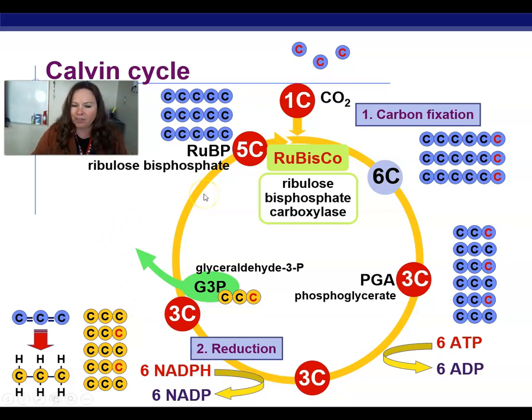Or it's actually called G3P to begin with, glyceraldehyde 3P. It's the precursor to glucose or whatever carbohydrate we want to make at the time, but we usually say glucose to make it easier on ourselves right now. So that one is off of the cycle. That one can leave and can now become sugar, G3P.